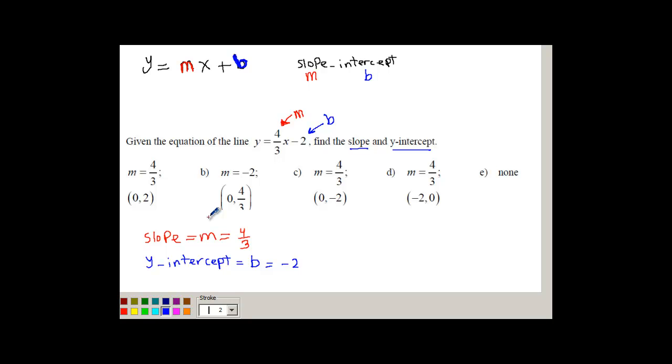So what would be a right choice here? The correct choice is C. Correct choice is C, you're saying. So the slope is 4/3 and the y-intercept is a point. This is where your graph is going to intercept the y-axis.